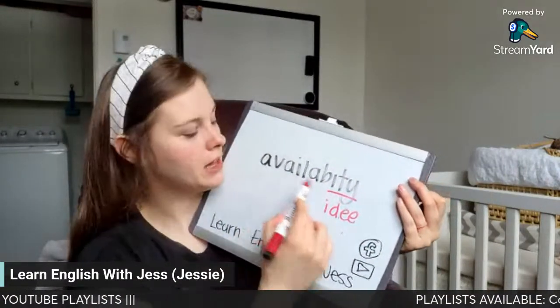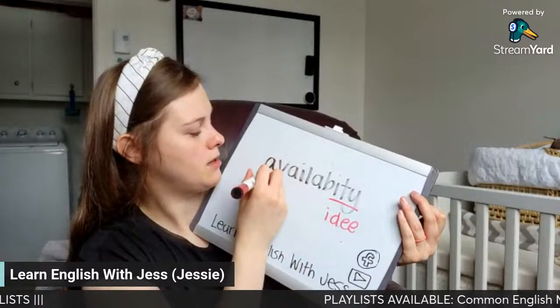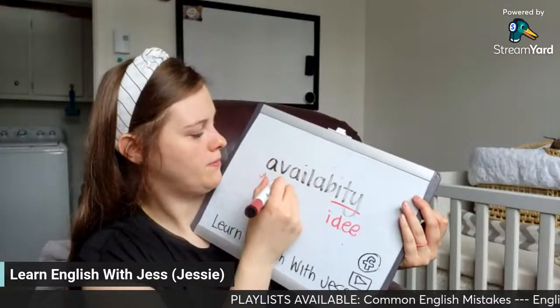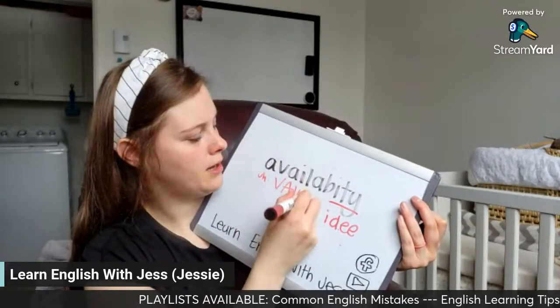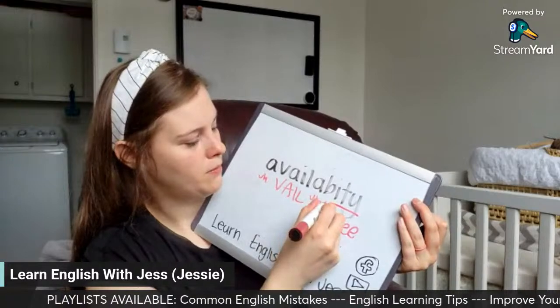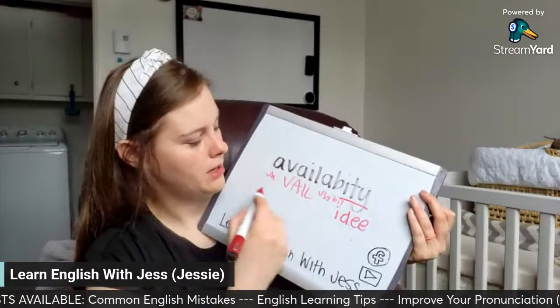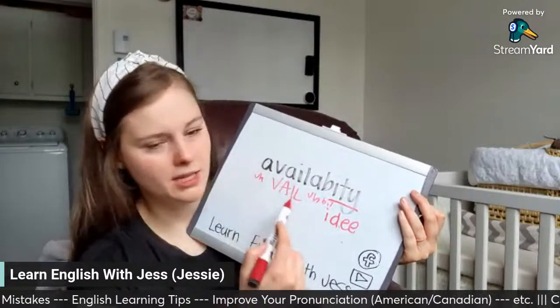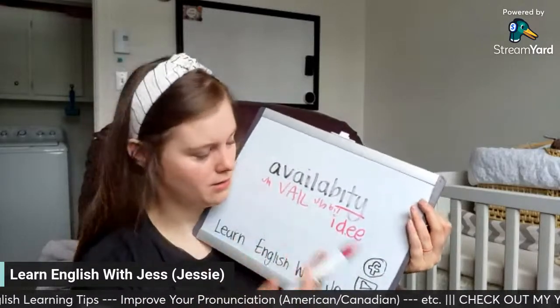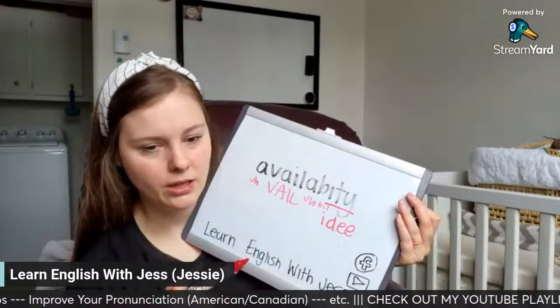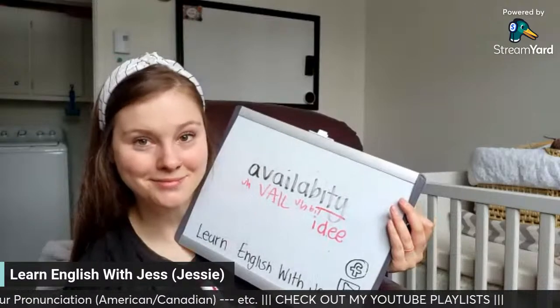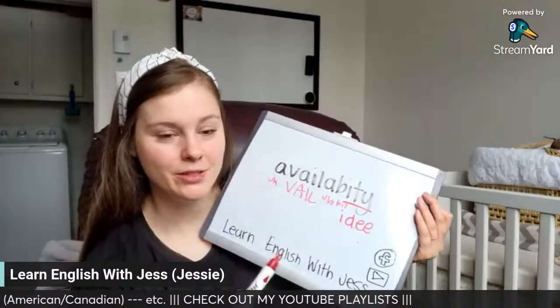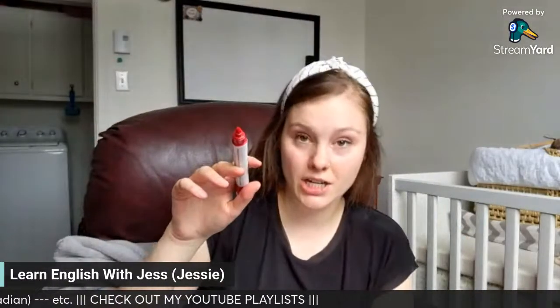So availability. Availability. This may not be the technical sounds, but it's to help you guys see what it looks like. If you're watching this on the replay later, it's at 27 minutes and 11 seconds.